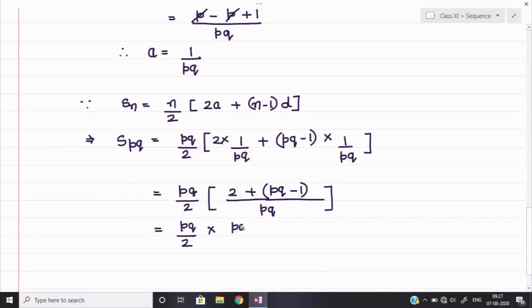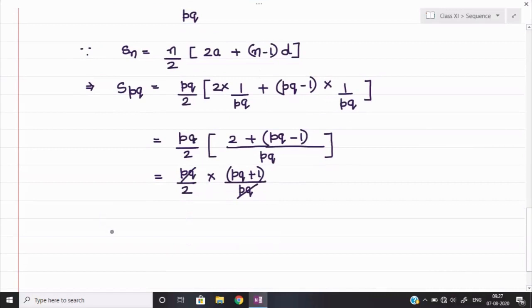So we will get here pq plus 1 upon pq as it is. Now pq and pq we can cancel and see what we get here. We can see that therefore the sum of pq terms will be equal to 1 upon 2 into the bracket pq plus 1, and this was only required to be proved in the question. Okay, the sum of pq terms they were saying bring as half of pq plus 1, and that only we have brought in the question.